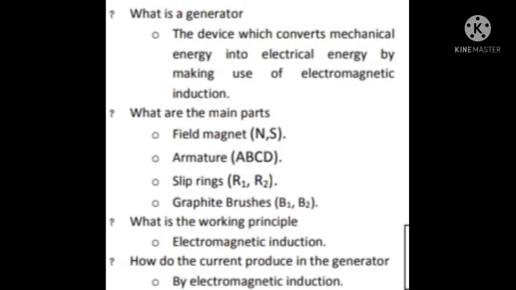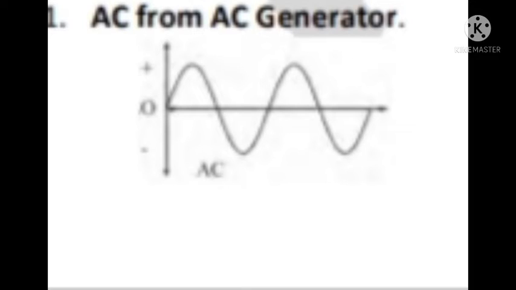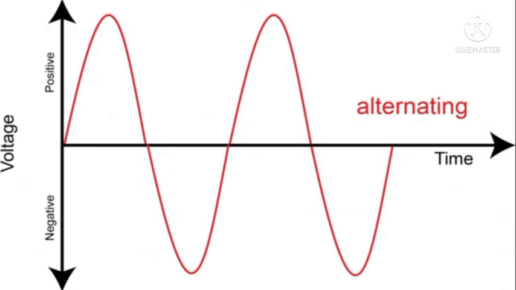This is the graphical representation of an AC generator. Here, positive and negative directions are included. Voltage is in the positive direction and negative direction. It is alternating. It is the graph of AC.